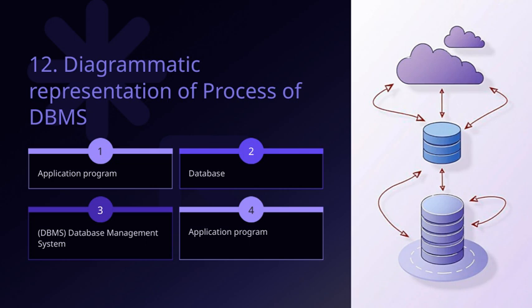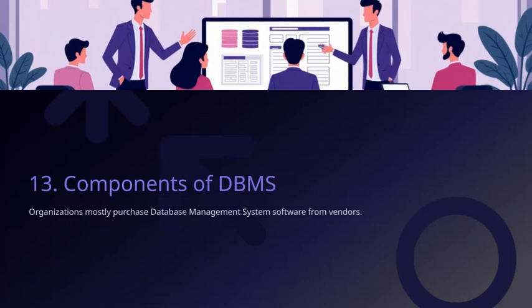Finally, the database itself holds all the data that the application needs to access or modify. This flow highlights how the application and database are connected through the DBMS, ensuring data is managed efficiently and securely. It's like a well-organized pipeline that enables smooth communication between users and the stored information, which is fundamental to understanding how database systems support various applications in real-world scenarios.